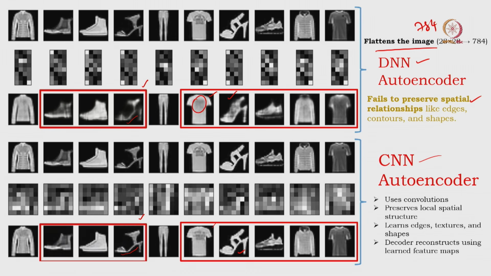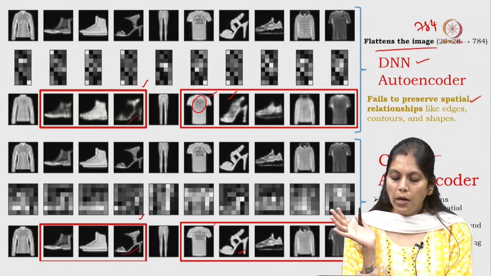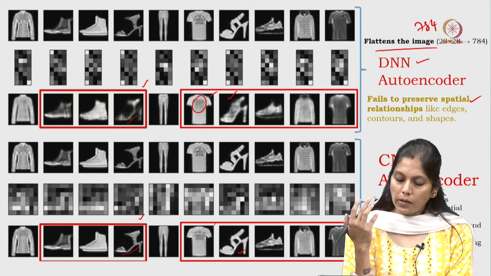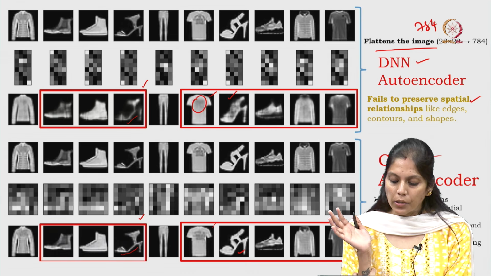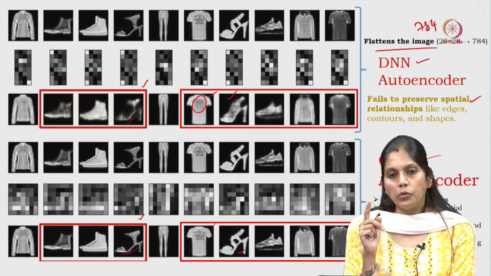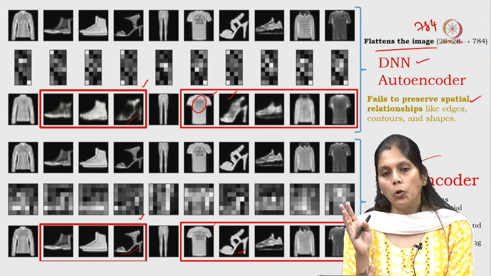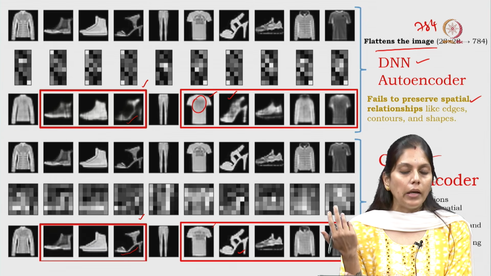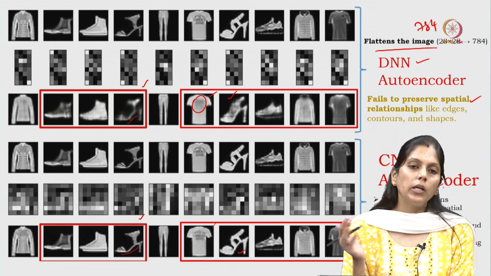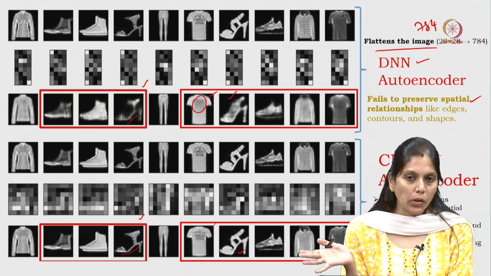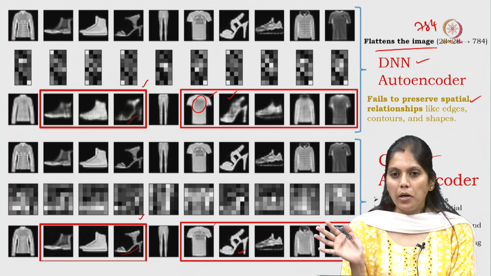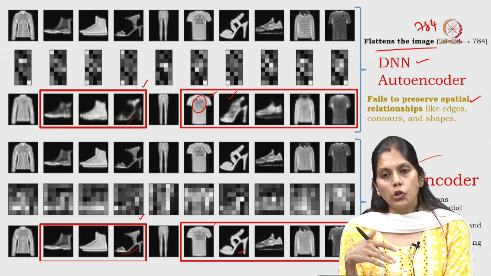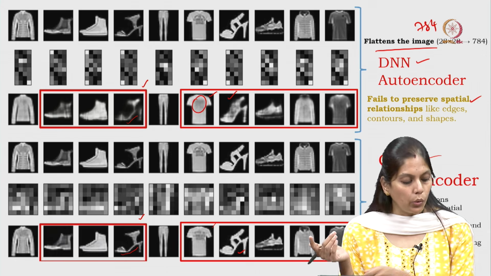Whereas if you use a CNN, because of the convolution, the local spatial structures are preserved, and it learns the edges, textures and different shapes. And the decoder uses the learned feature maps, so you can reconstruct the image properly. Therefore, whenever we are dealing with an image as an input, it is always advisable to go for a CNN based autoencoder. If you have tabular data, you can go for either shallow or deep autoencoders.